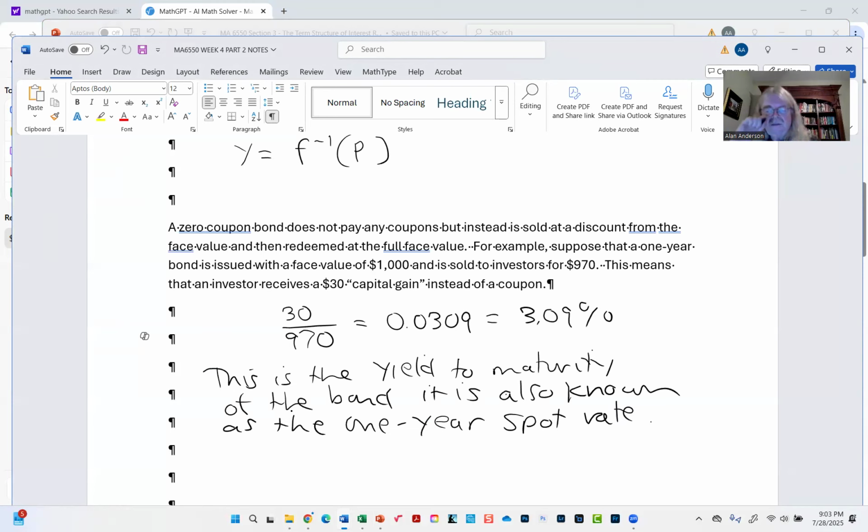Because that is the actual rate of return you're getting. You don't have to worry about whether you're holding it to maturity, or whether you're reinvesting the coupons, because there aren't any. You buy this bond, this is the return you're getting. End of story.